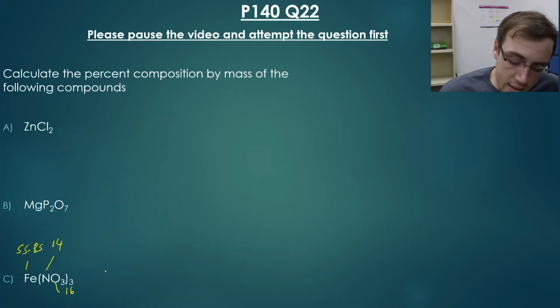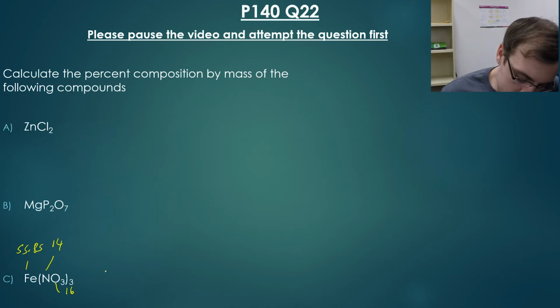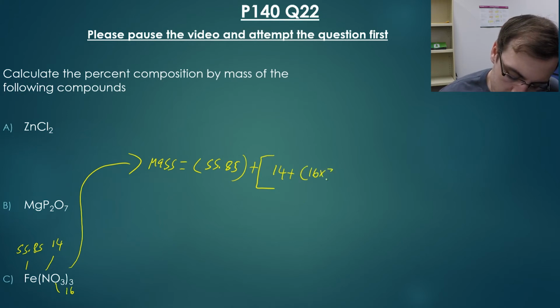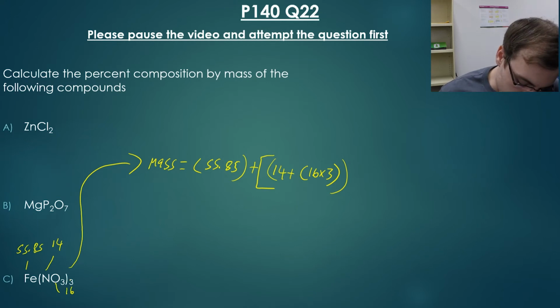So now we calculate the total mass of this compound. We've got the mass of 14 plus, because we've got O3, I'm going to put that in brackets, 16 times 3. Because we have our bracket over here, and this 3 multiplies everything inside this bracket, we put this times 3.